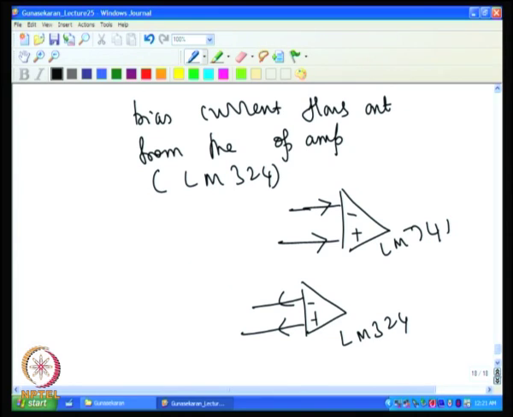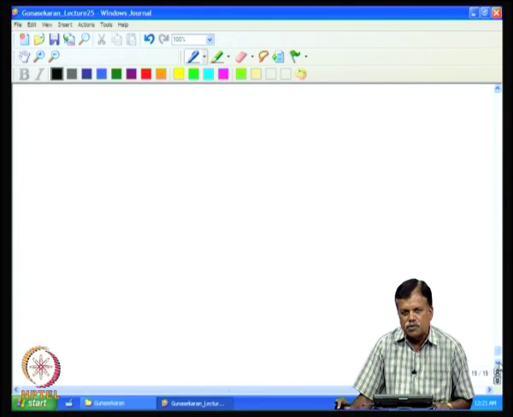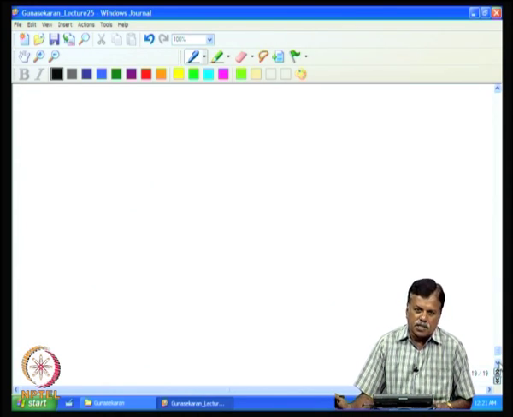and without that the op amp will not work. So, there is always a bias current, and it always flows either into the op amp input terminals, or out of them. Now, the question is, what is the effect of this bias current?